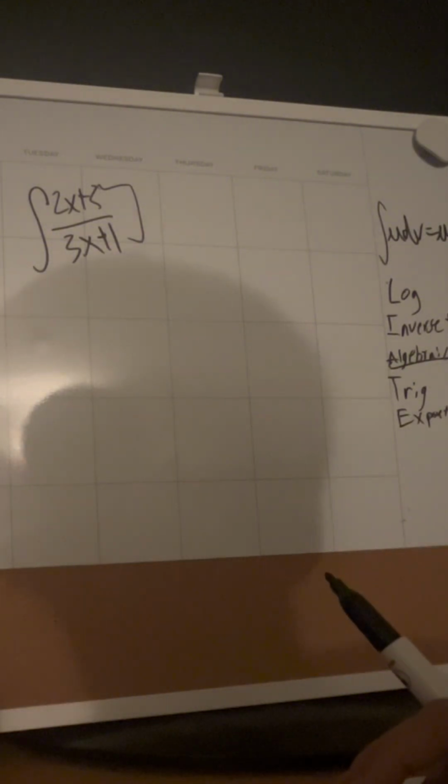Let's try the top one. So if we choose the top one, that means u equals 2x plus 3, since it is algebraic.